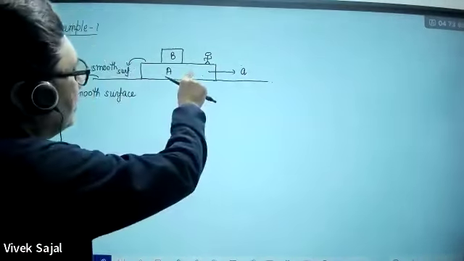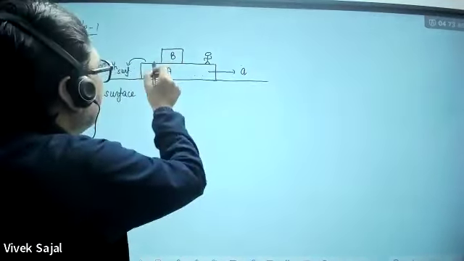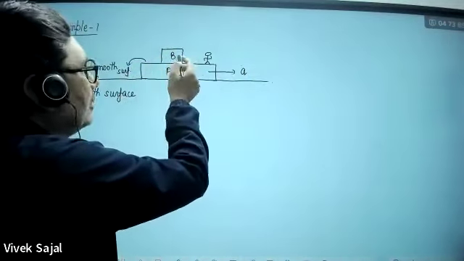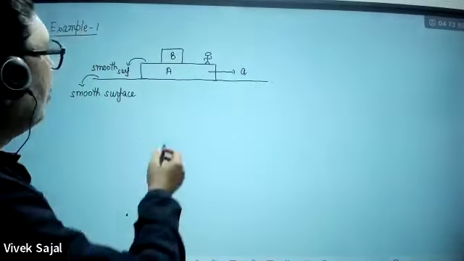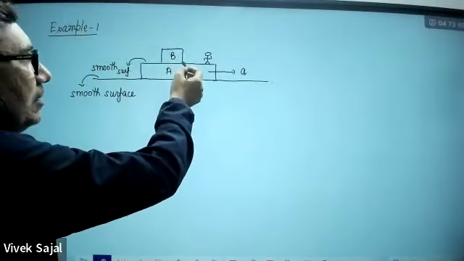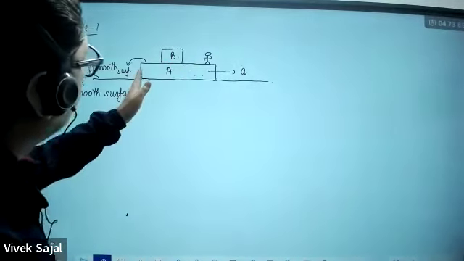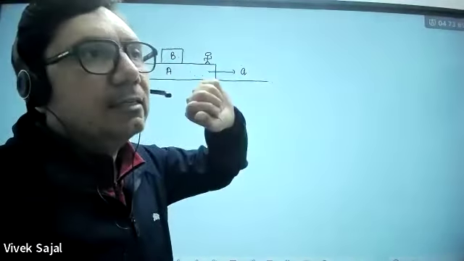Now try to understand: this block is moving in this direction, and because this is a smooth surface, this block B will be at rest. So what will be the acceleration of B with respect to A? What is this observer going to observe? The lower block is moving in the forward direction with an acceleration a.